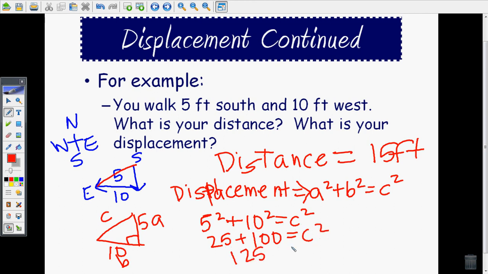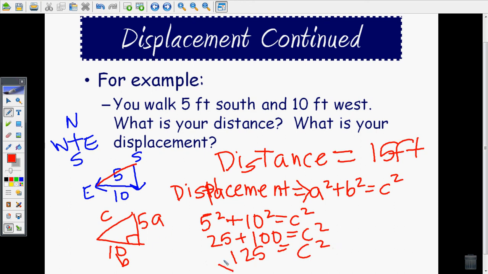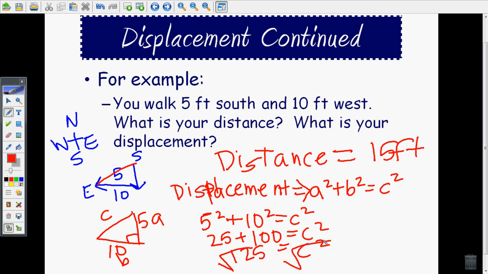Okay, and then you have to square root both sides. Okay, and then you take the square root of 125.